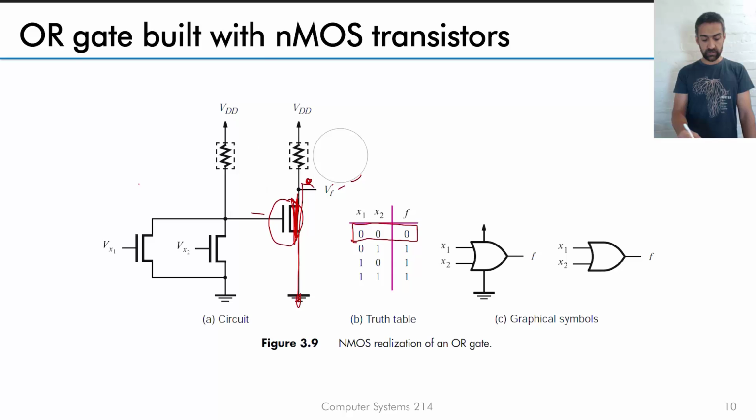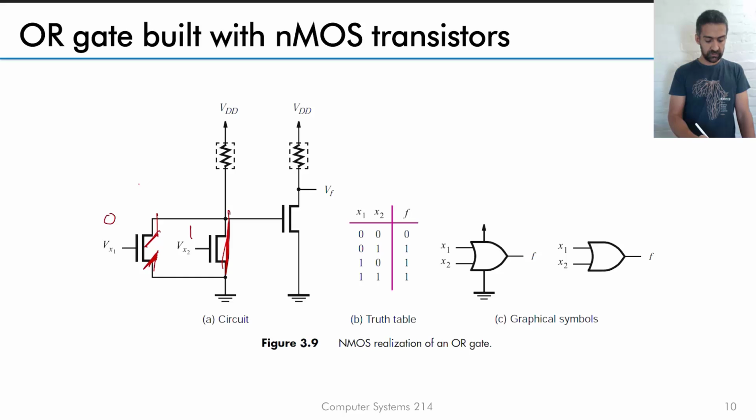If you then consider the next point, where this is, let's say this is 0 and this is a 1, then current flows through here. This here is an open circuit, or I should draw it like this, sorry. That's an open circuit, which means because current is flowing here, this is short circuited to ground, and there's a voltage drop across the resistor. So this point here is equal to 0 volts. Because this is 0 volts, this field effect transistor here will be turned off.